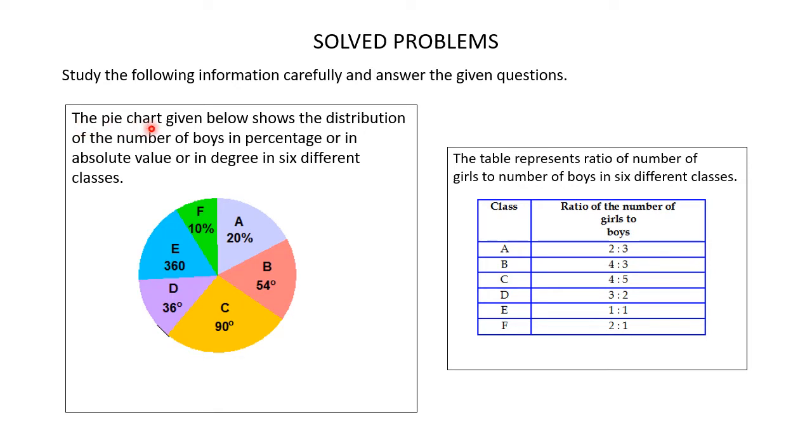The pie chart given below shows the distribution of the number of boys in percentage or in absolute value or in degree in 6 different classes.